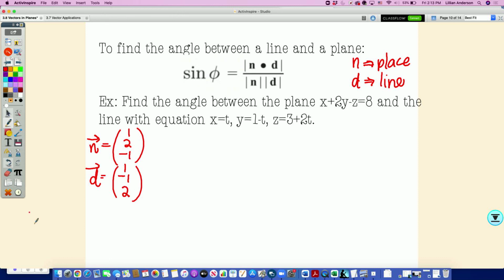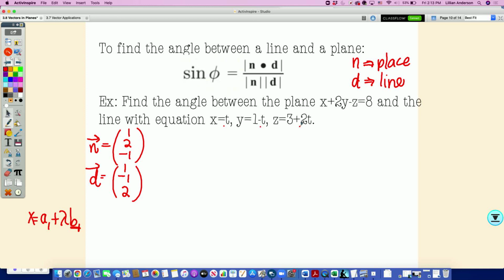Because remember, a parametric equation is set up, and the direction vector piece is for the X, the Y, and the Z. So that's 1, because that's what's attached to the T, -1, and then +2.